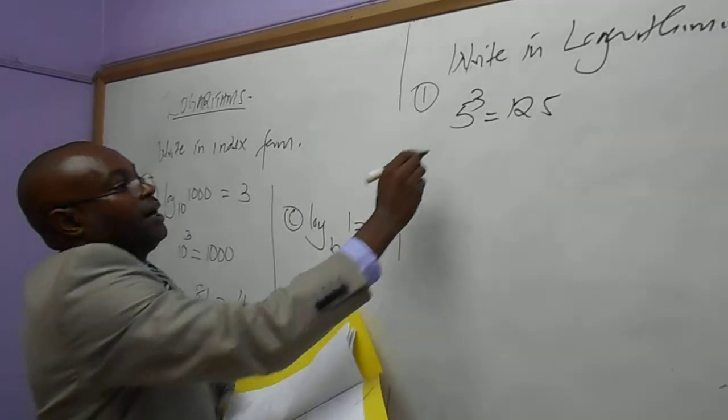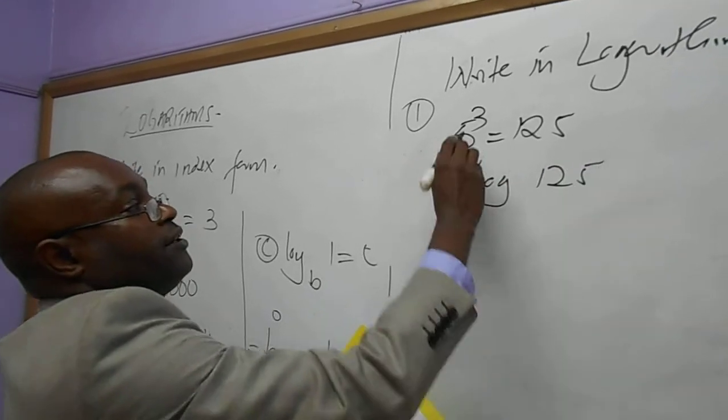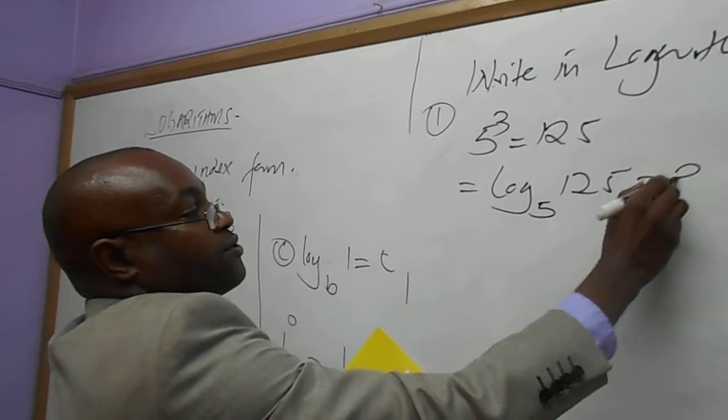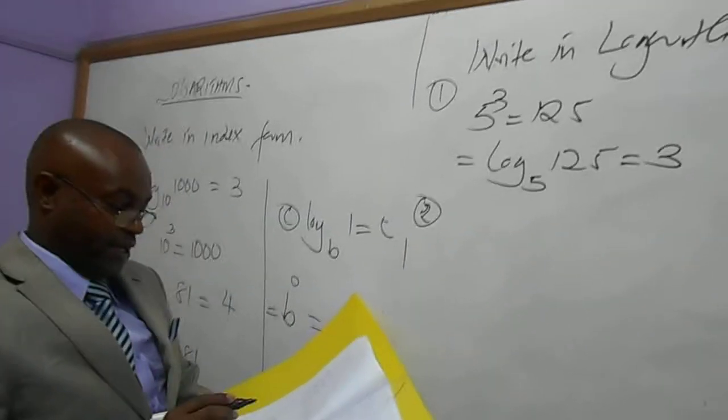Class, very quickly, how do you write that one? It becomes log 125 to base 5 equals 3. Correct. If you wrote it that way, you are very right.